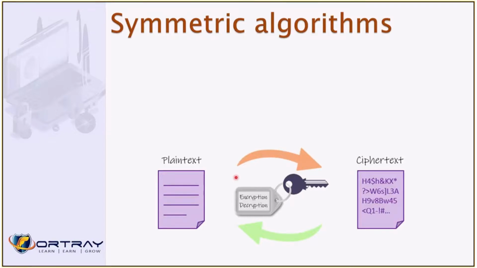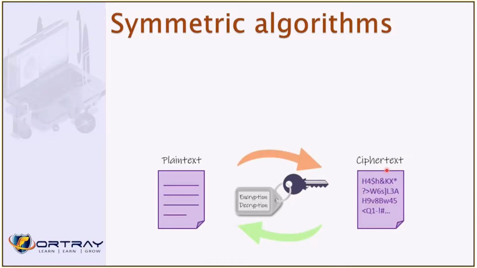Both parties have the same key. If I want to open the door and you have the same key, you can open it. Similarly, if I use one key to encrypt the message, the other party has the same key to decrypt the message, and then he can read it.